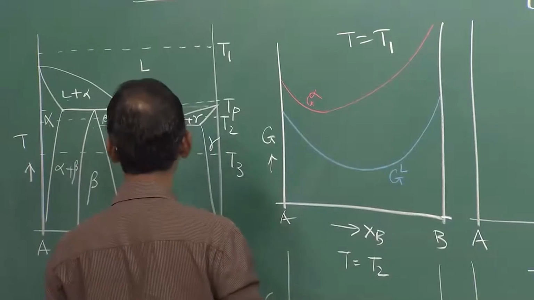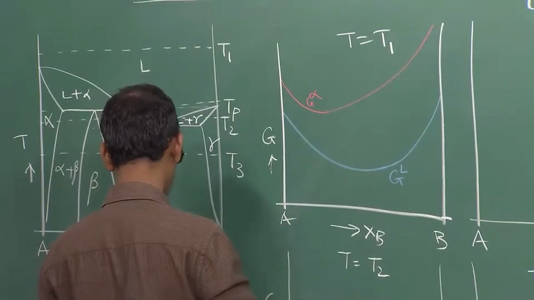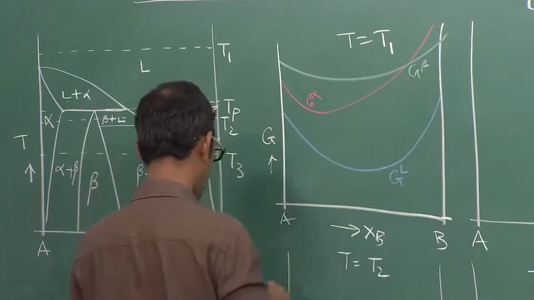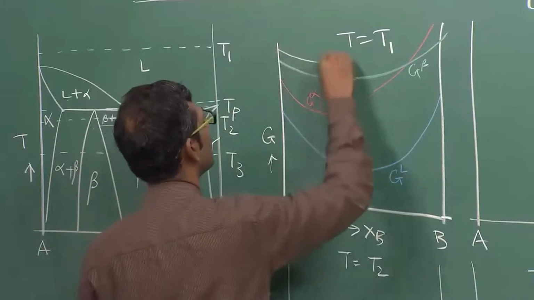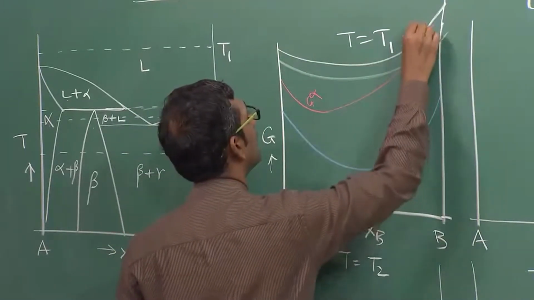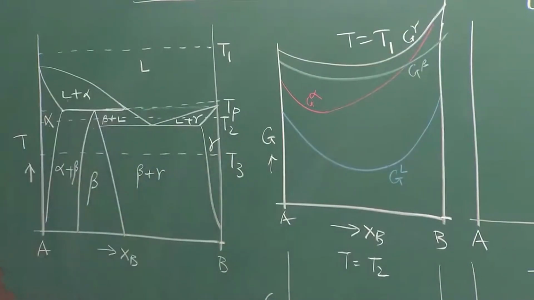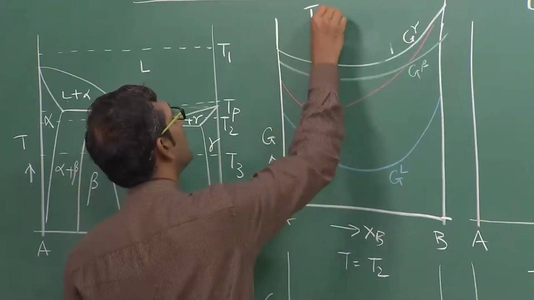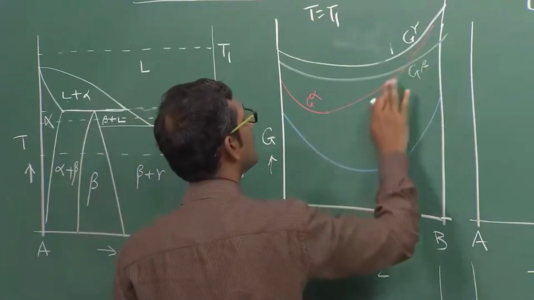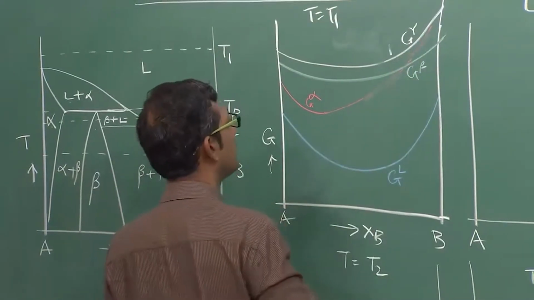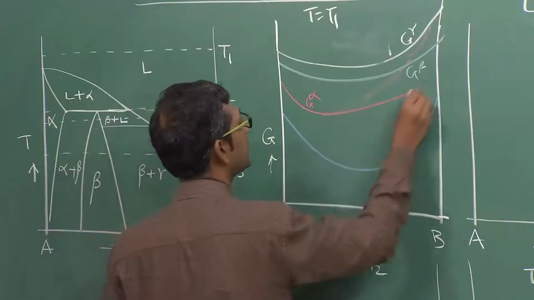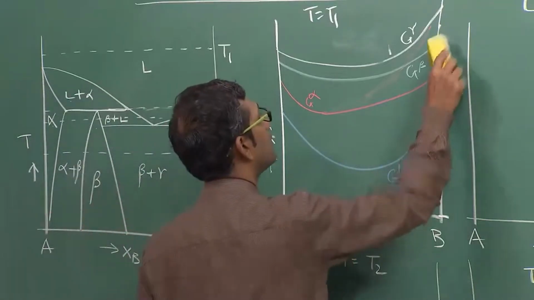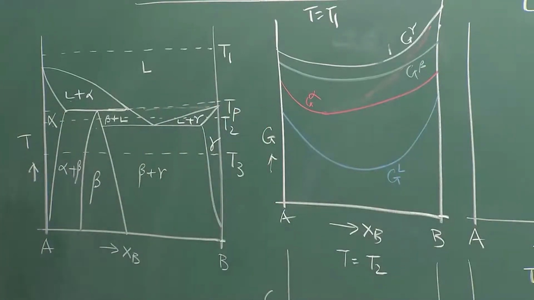G beta as a blue, and G gamma we will be using a white color chalk. I will just remove this temperature above so that you can see it very clearly. Let us not cross over, this always makes confusion. Crossover means something else. That's how the 4 free energy composition curves will look like.